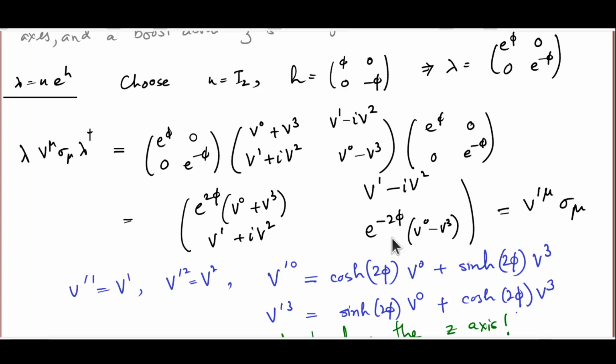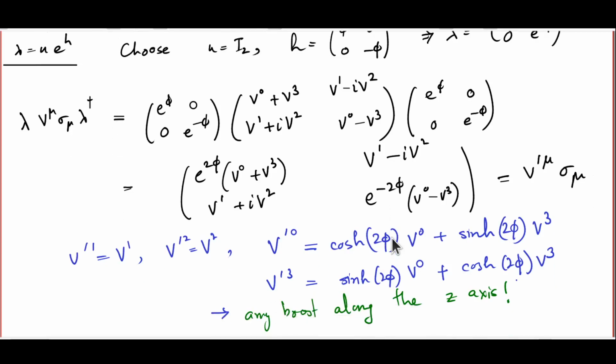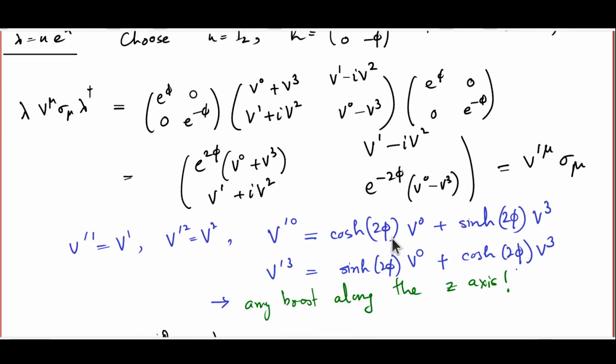cosh 2 phi v3. A moment's thought will tell you that this is exactly the form that all Lorentz boosts about the z-axis have. The x and y components don't change. The time and the z components mix with each other, and they mix with two coefficients which are gamma and gamma beta.